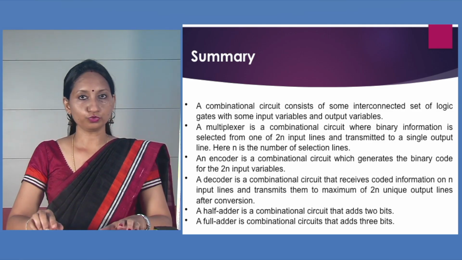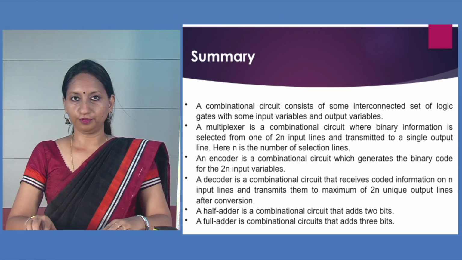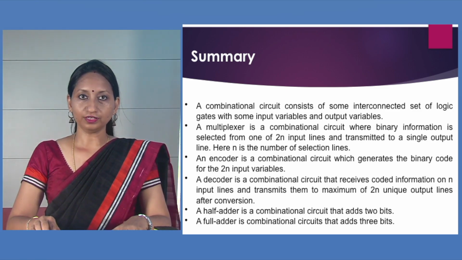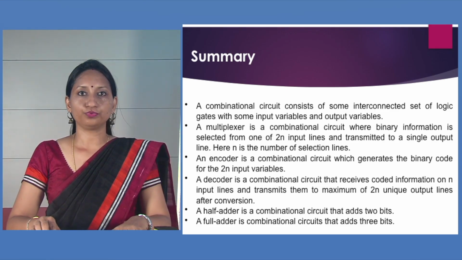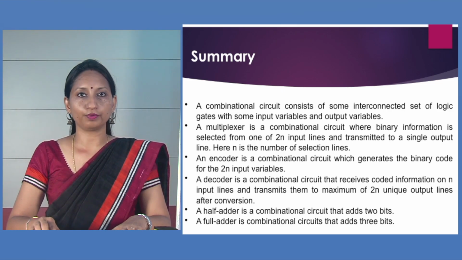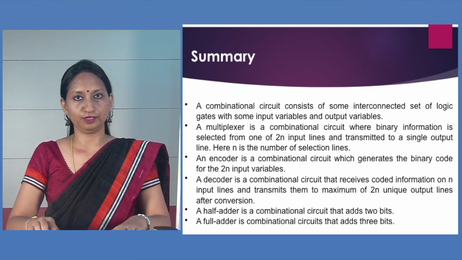That means 2 to the power n into n encoder. Next we have seen a decoder, a combinational circuit which receives coded information on n input lines and transmits it to a maximum of 2 to the power n unique output lines after conversion.